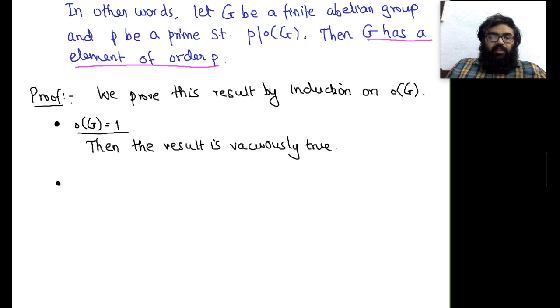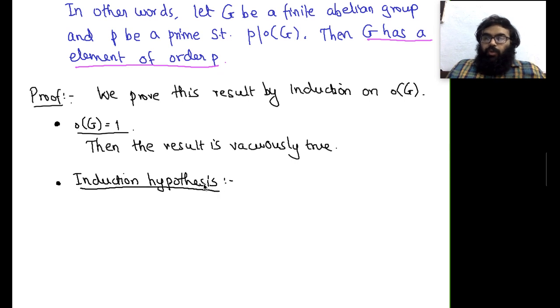And next comes the induction hypothesis, where we assume, since we are proving by induction on the order of G, that whatever the order of G may be, for all those groups with order less than the order of G, the result is true.